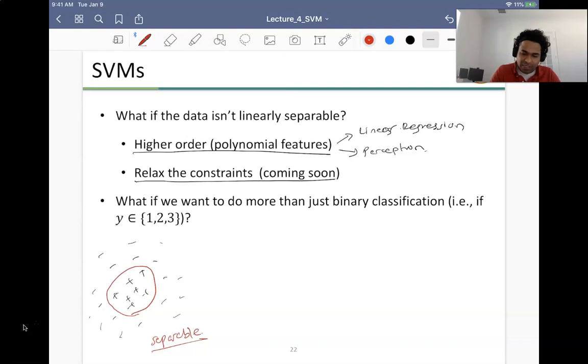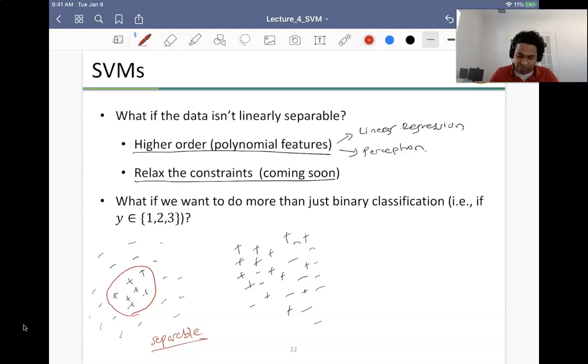So imagine a scenario like this where I have my positive classes and my negative classes, but I have some positive classes that lie over here as well, close to the boundary, and some negative classes that lie close to the boundary. In this case, you cannot find a single linear or even higher order separating hyperplane that exactly separates this.